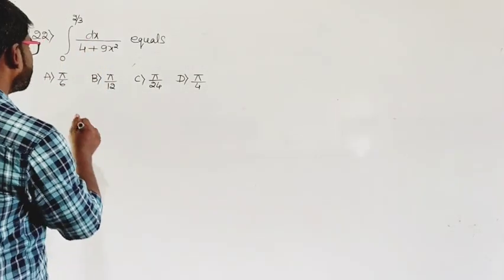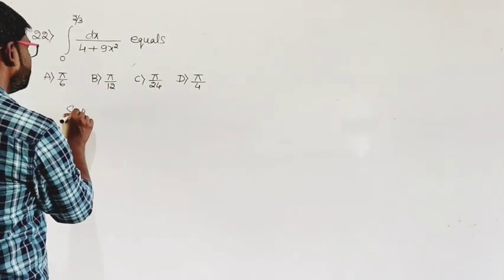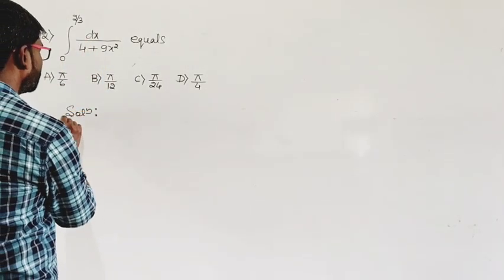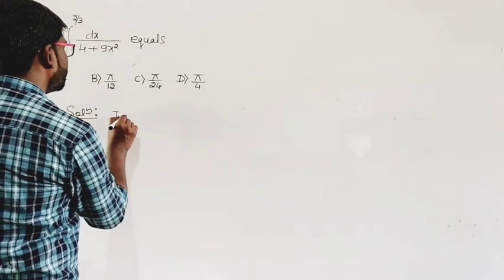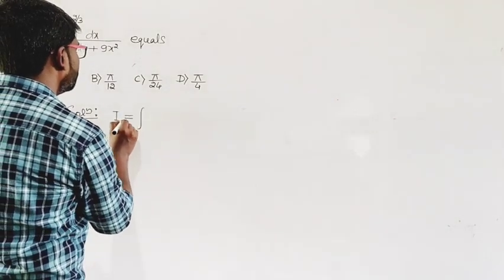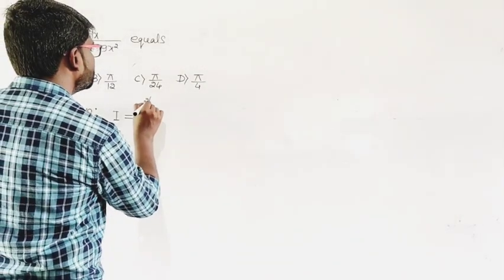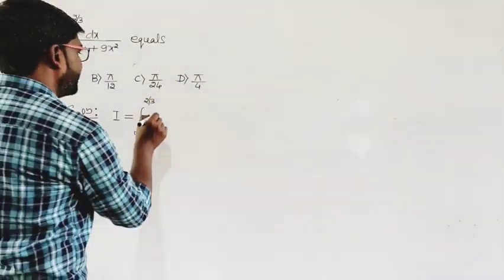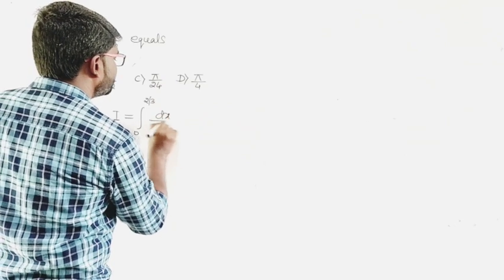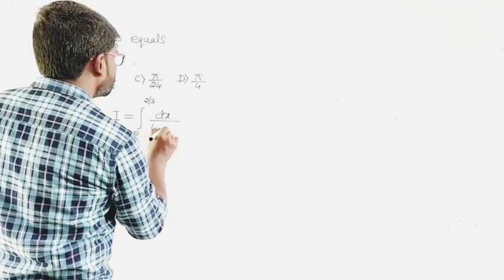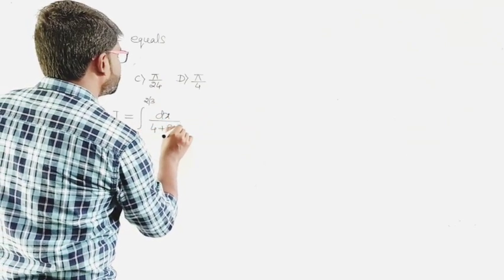So let us take this as I is equal to the integral from 0 to 2 by 3 of dx by 4 plus 9x square.